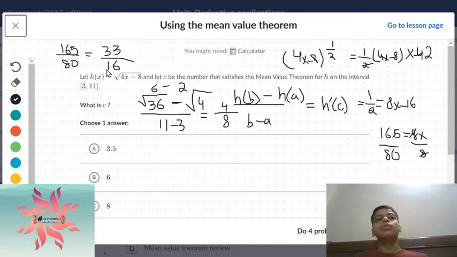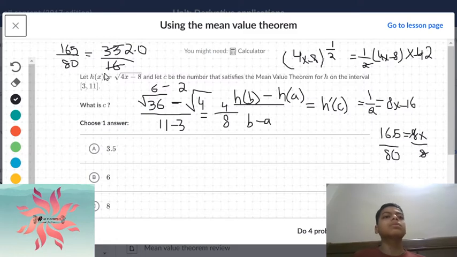Cannot cancel it anymore. This is approximate.